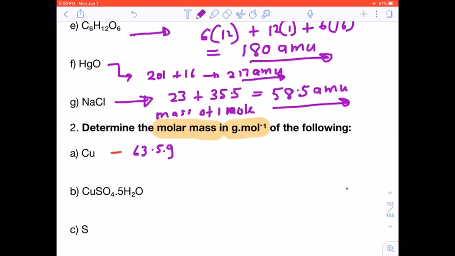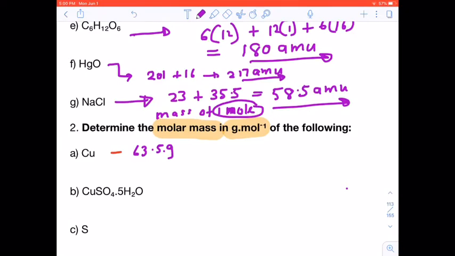If we want the mass of 1 mole, that means I want a mass of 6.02 times 10 to the 23 elementary particles. In this case, the elementary particle is an atom. I have to have a mass of 63.5 grams, and then I can say it contains 1 mole of that particular substance.